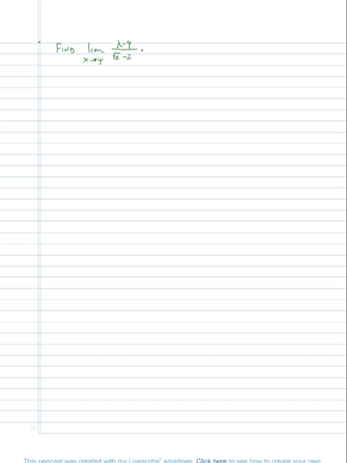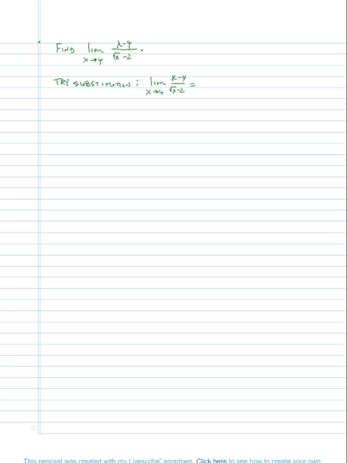Now, as before, we try substitution first. And I know I'm being very formal about this, but if you're going to write things down, you want to be formal. So I'll rewrite the problem, the limit as x approaches 4 of x minus 4 over the square root of x minus 2.